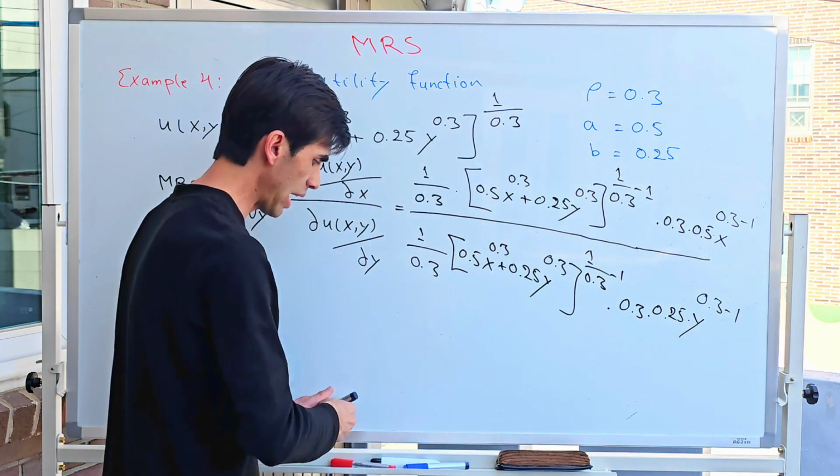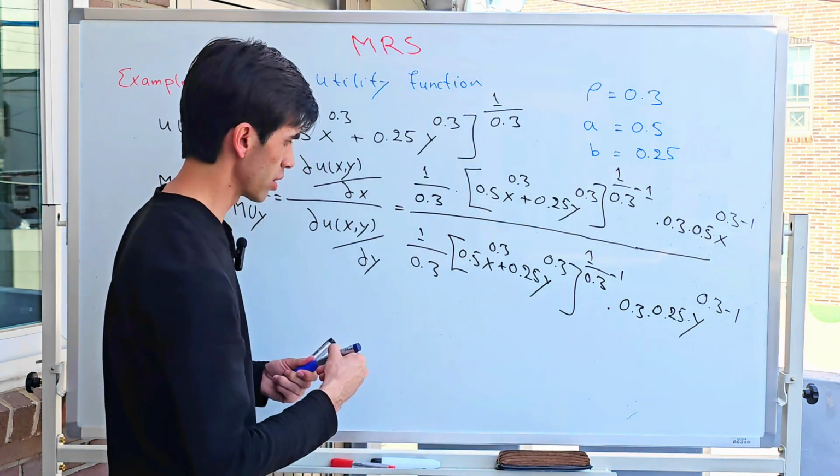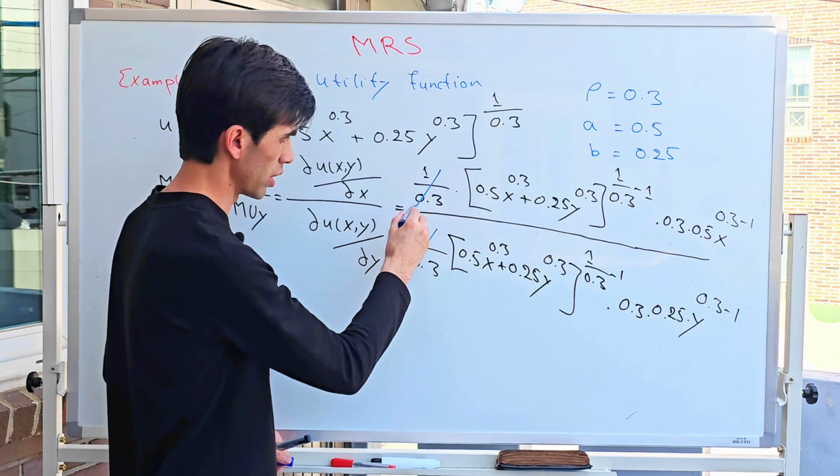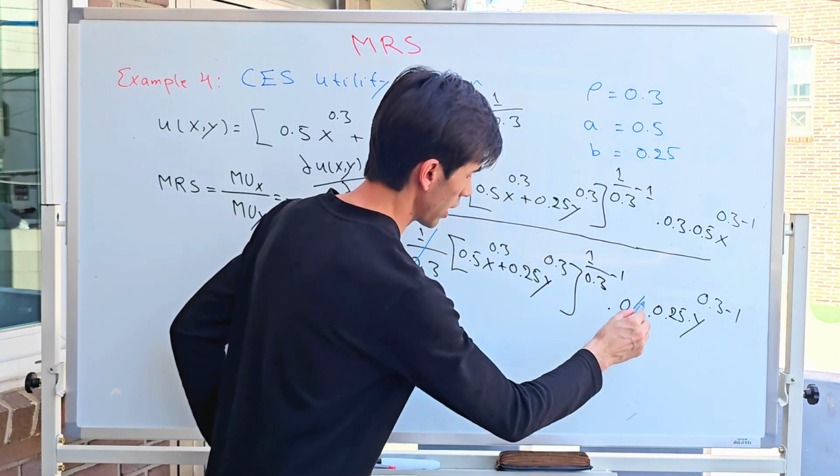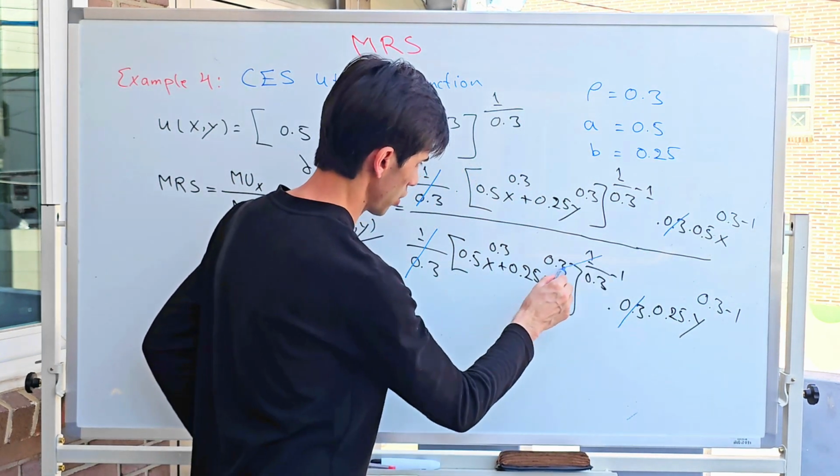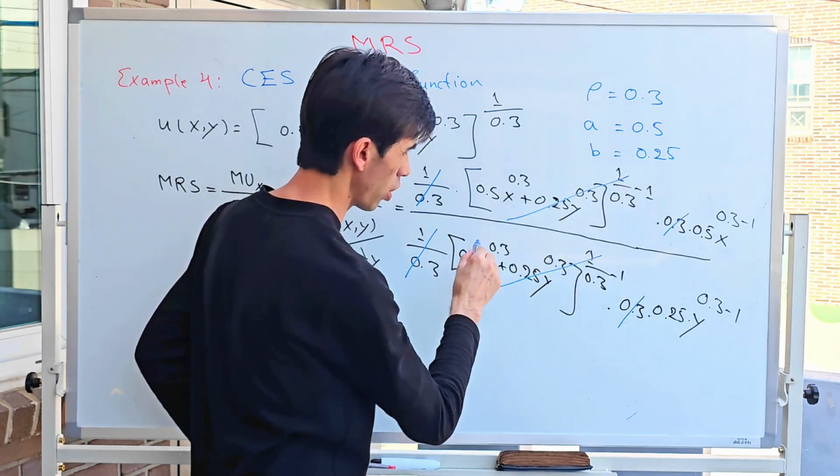Now we have some common terms that cancel out. This one will cancel out with this part, this 0.3 will cancel out with this 0.3, so this whole term will cancel out with this whole term.